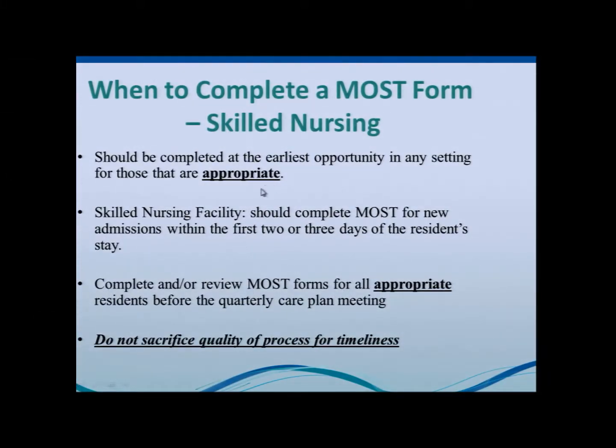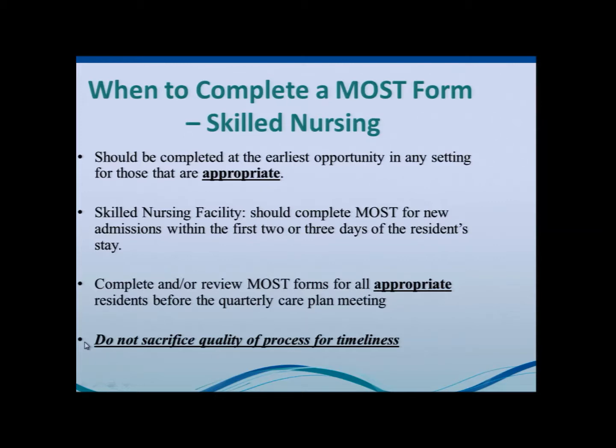If there's somebody being admitted who isn't chronically or seriously ill, being admitted for rehabilitation of their knee, for example, and doesn't have other health conditions, I know it's a requirement for advance directives to be reviewed within 72 hours, but we want to emphasize how important it is to only do the MOST form on those folks that meet the criteria of being chronically or seriously ill.